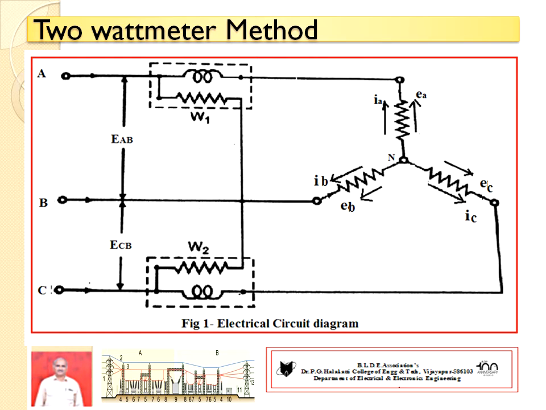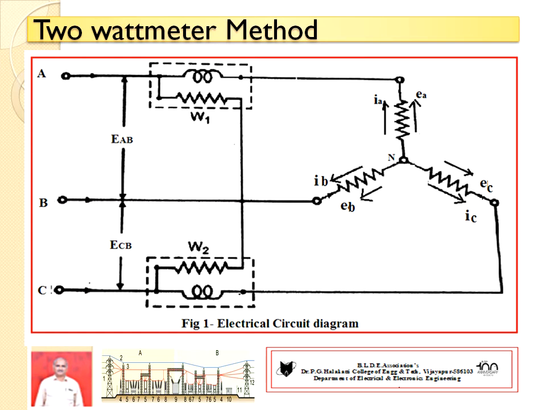Let W1 be connected in line A. Its current coil is connected in series with the respective phase impedance. Let IA be the current flowing through W1, and its potential coil is connected from line A to B. Line A to B is the line voltage.